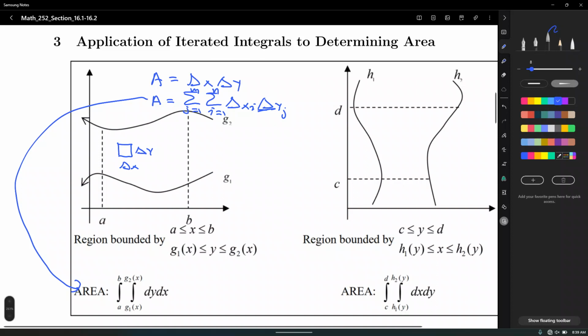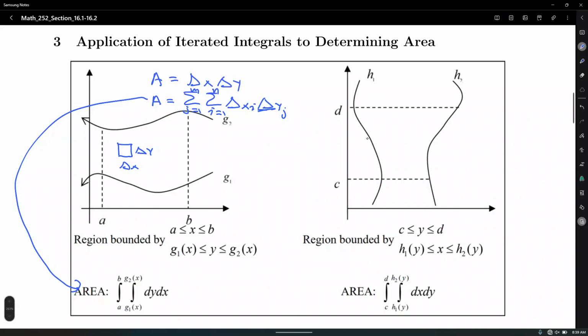Now you might notice we have two pictures here, right? One where we have a function at the top and one function at the bottom, and another picture where we have a function to the right and a function to the left.